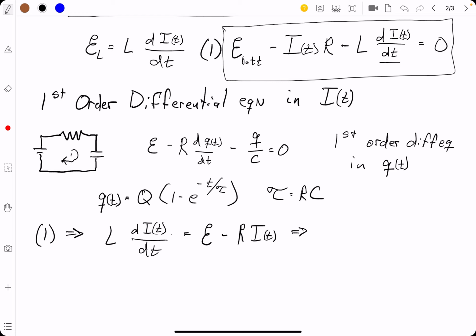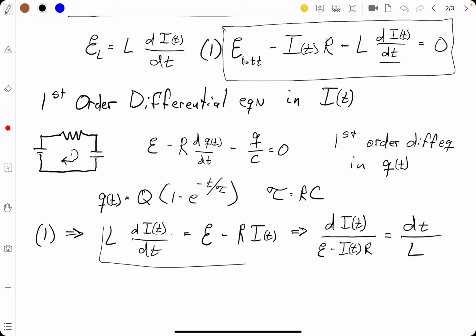So here's the thing. On one side, I want my di of t, and anything that goes along with it in the I of t realm. On the other side, I'm going to put my dt and my L. This is the same equation, just solved a little differently, so that on one side I have di of t, and on the other side I've got dt.